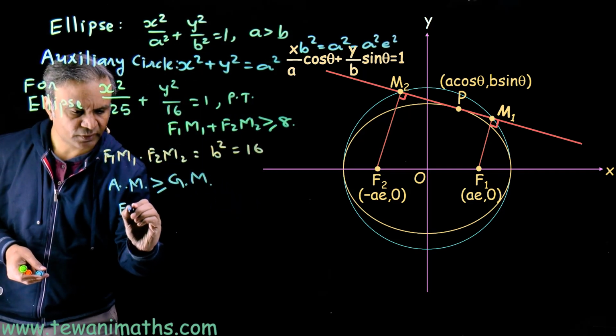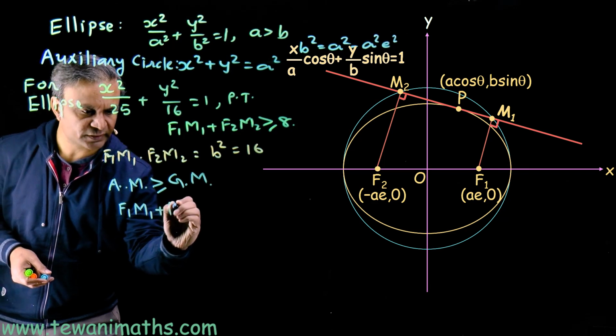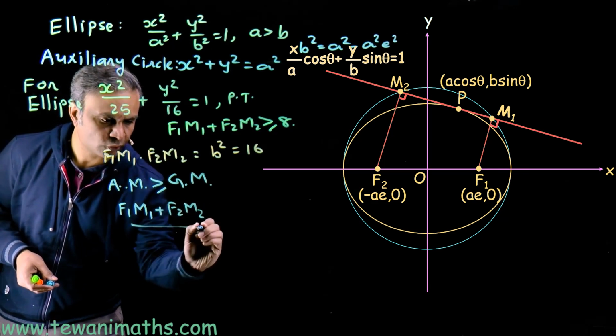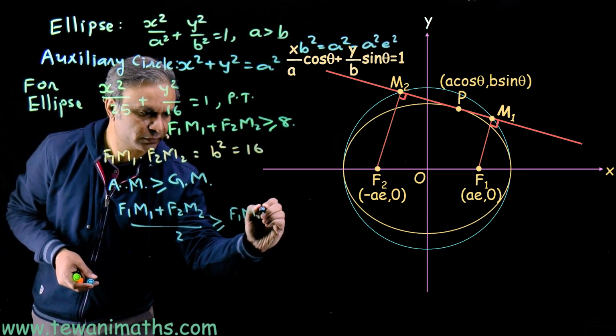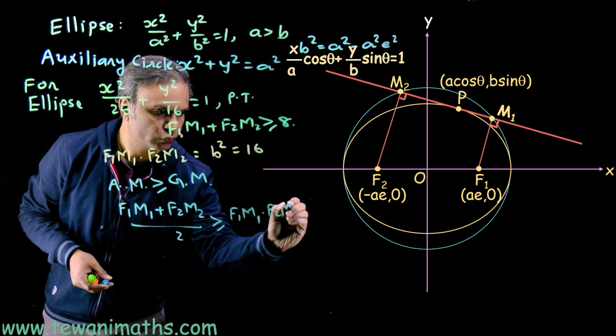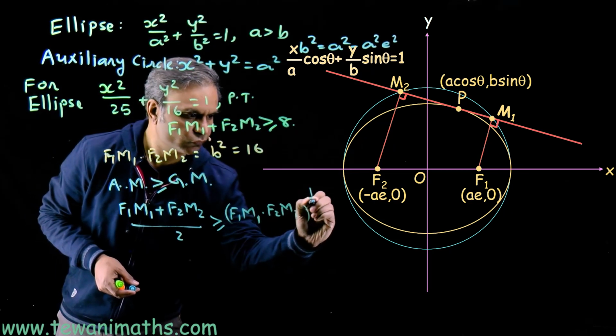Using this, we have f1 m1 plus f2 m2 upon 2 is greater than or equal to f1 m1 multiplied by f2 m2 power 1 upon 2.